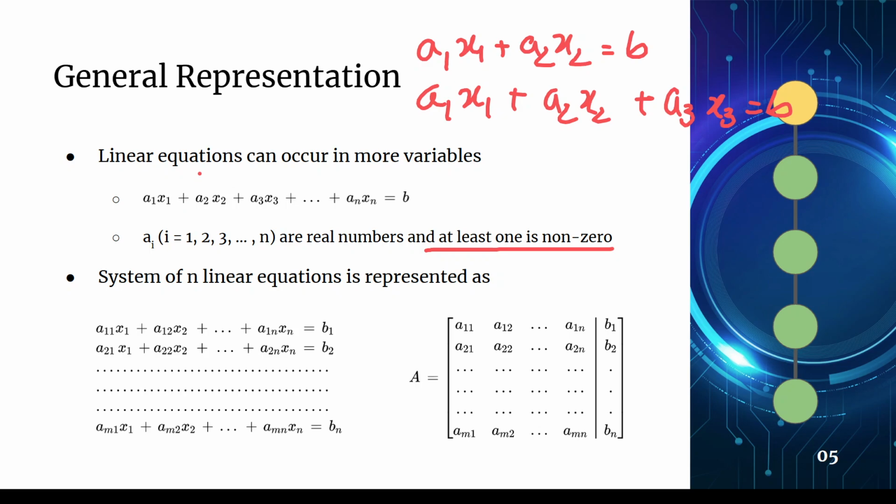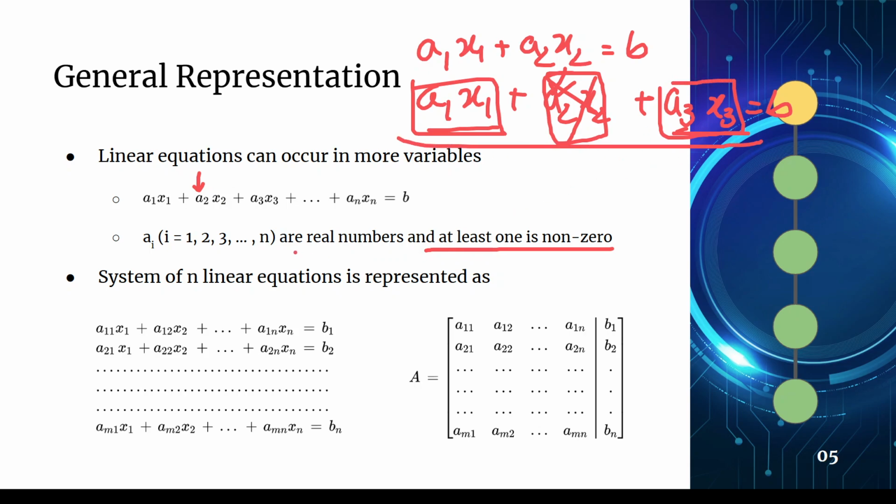If one of them is 0, there should not be any problem, that term will vanish and the other terms will remain, so it will be a working equation. But if all of them become 0, then the left hand side becomes totally 0. So at least one of them needs to be non-zero to make it a working equation.